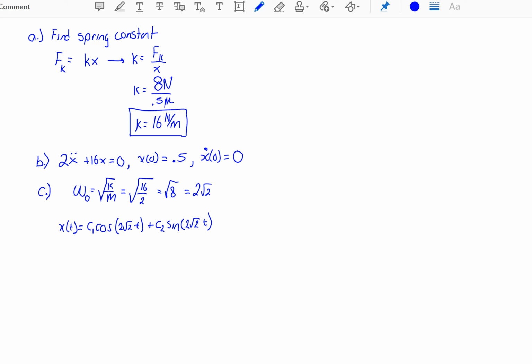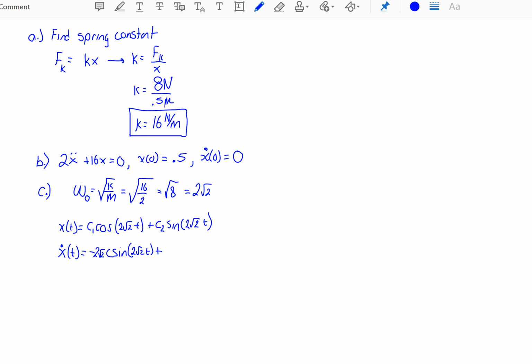Of course, we're going to need also our velocity function, so let's go find the derivative, x prime of t. So remember, the derivative of cosine of anything is negative sine of the anything times, by the chain rule, the derivative of the anything, which puts a 2 root 2 in front.